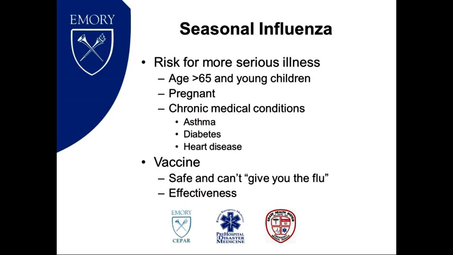The effectiveness of the vaccine will vary each year depending on the match between the strains that are included in the vaccine itself and the strains that are in circulation across the world. Some years the match is excellent and the vaccine is highly effective. Other years the match is less than perfect and effectiveness is 50% or lower.